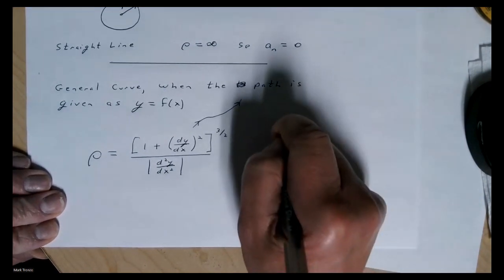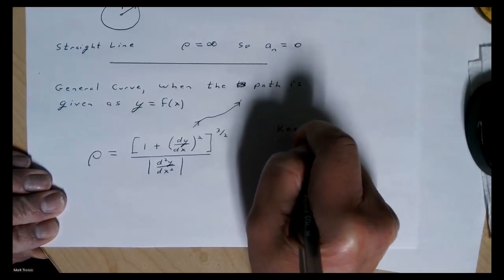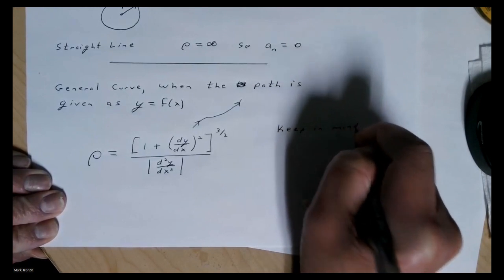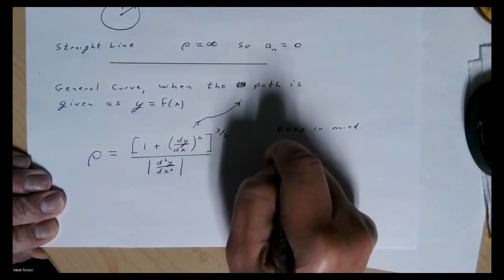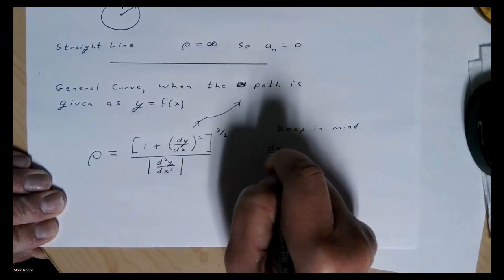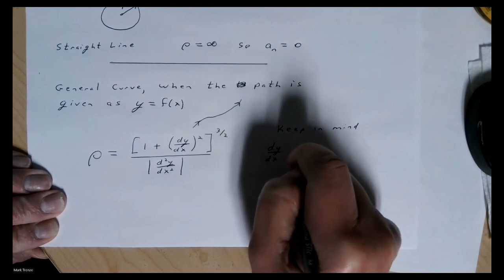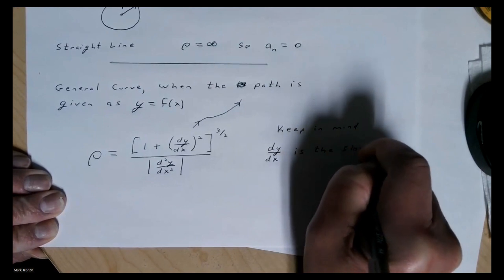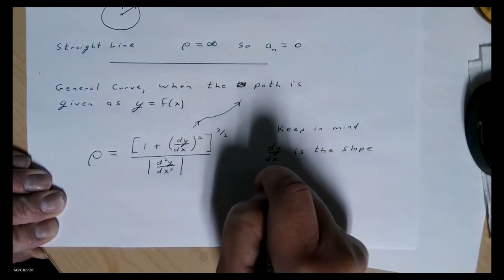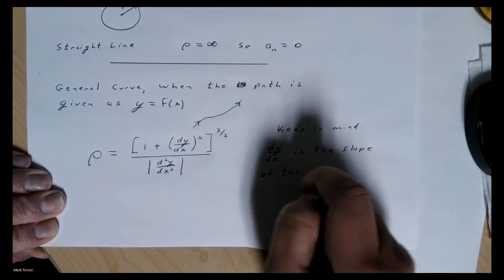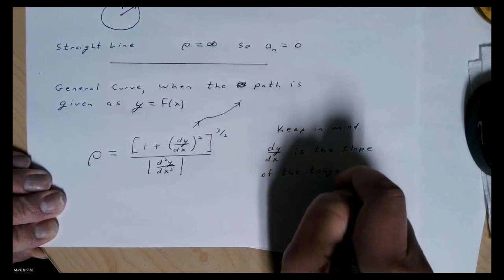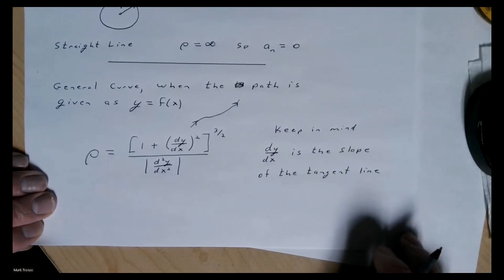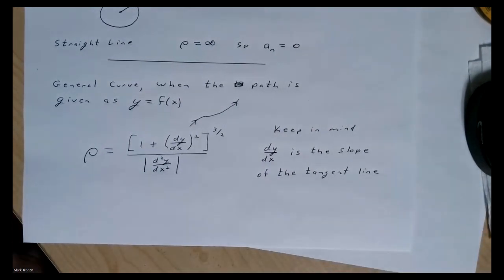Now, one thing to keep in mind, and this is sometimes used, is that just like you had from calculus, dy dx is the slope of the tangent line, of course, at a particular point.